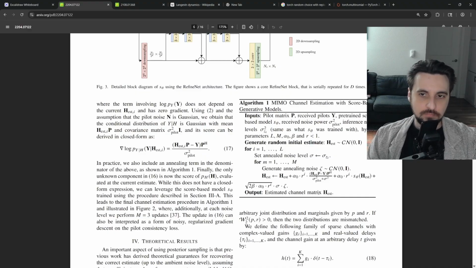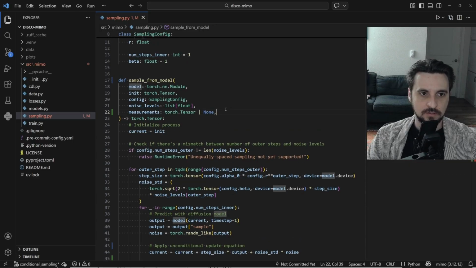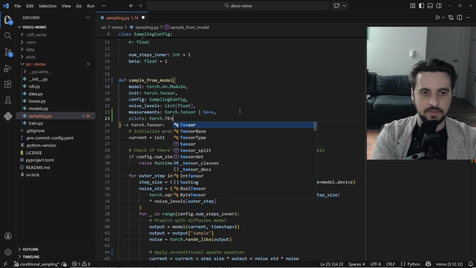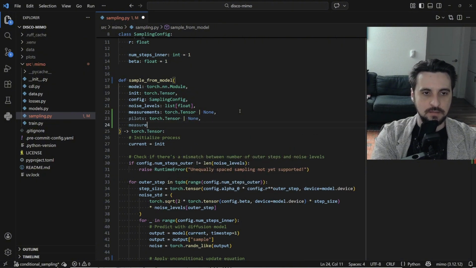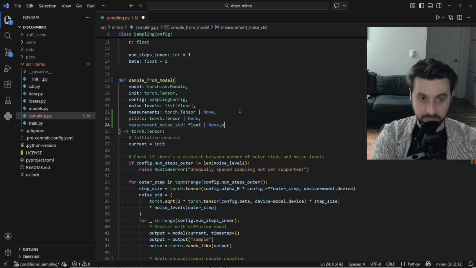Okay, so I need to know P also, so let's go back here. So then we also need pilots, which we either have or not, and we need measurement noise standard deviation, which is either a float or we don't have it.